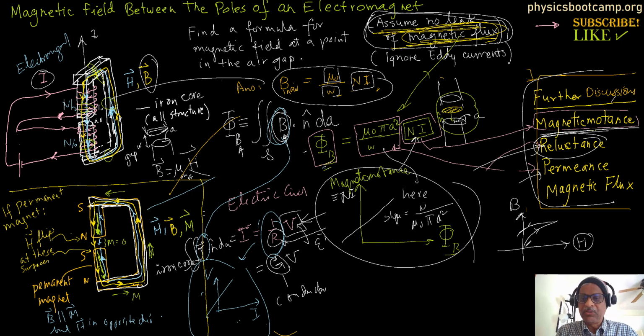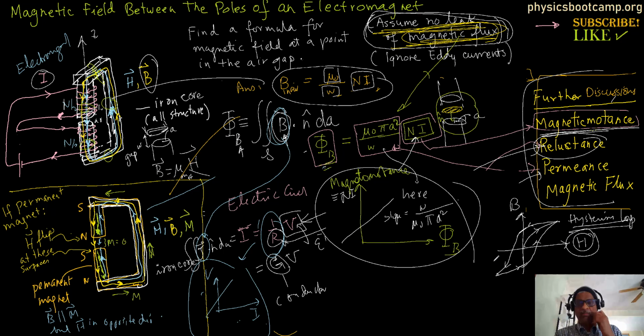You actually don't retrace it, you just go like this and saturate again, and then if you start to increase H, you might get back there. You remember H is related to magnetization. Magnetization completely depends on the history, and this is the thing called the hysteresis loop. So in the lab, this is very important.